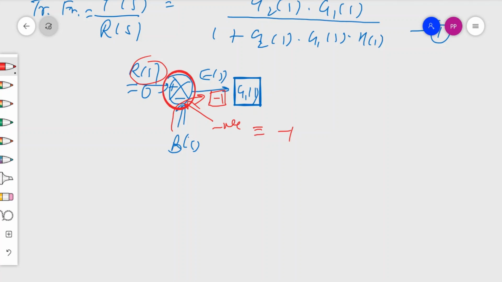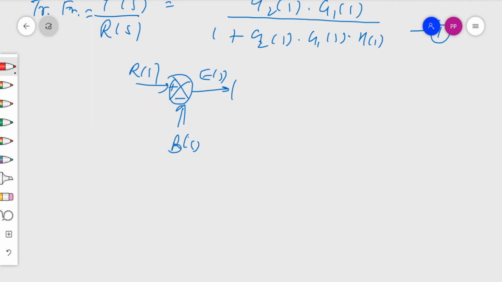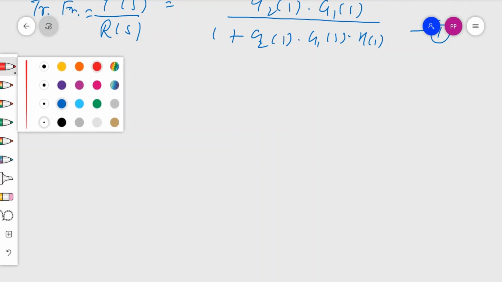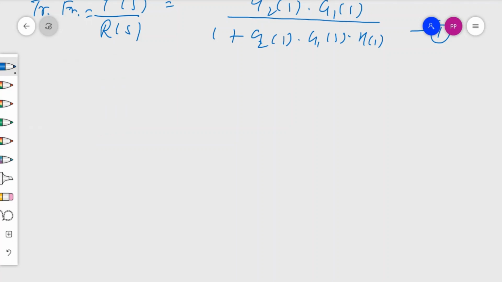So instead of RS, we place the minus 1 block over here, and the signal BS enters there.